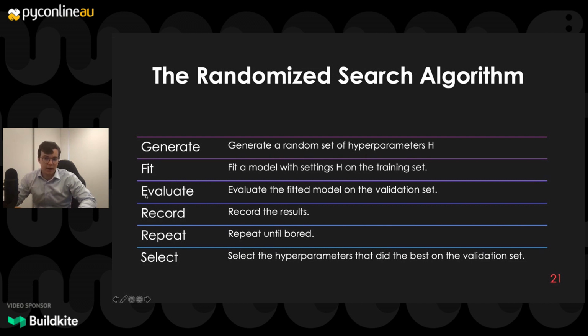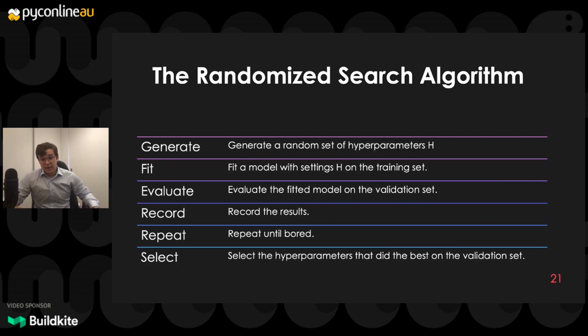We evaluate the fitted model on the validation set. We then record the results, and we repeat forever, or until we get bored, or until a pre-specified number of experiments has ended. I guess this pre-specified number would be a hyperparameter.